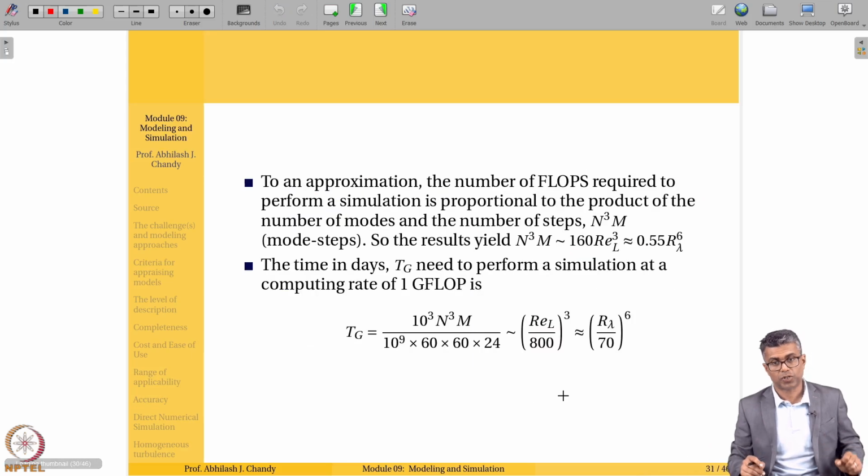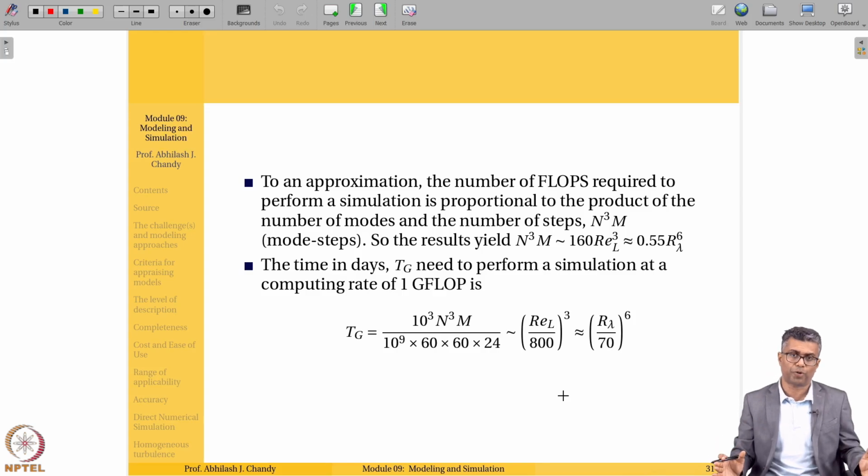Now for the total cost. To an approximation, let's calculate the total number of flops required would be total number of modes times total number of time steps. That's an approximation of the total number of floating point operations.